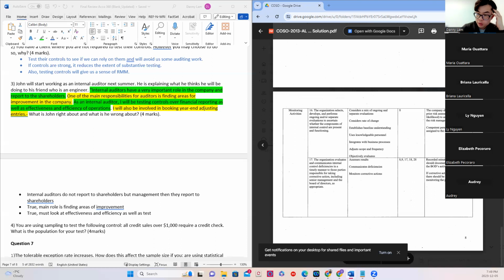For example, when it comes to preparing the financial statements, I understand that it's management's responsibility, but will internal audit be involved in that process? Usually they're not, right? Internal auditors don't prepare the financial statements.